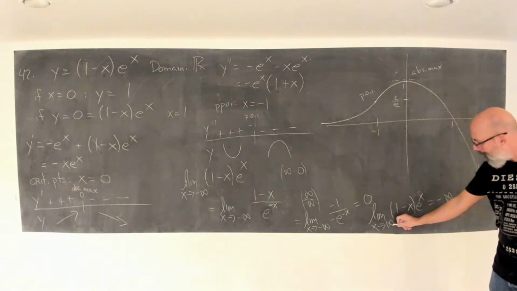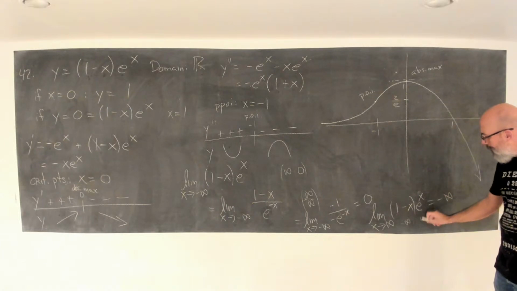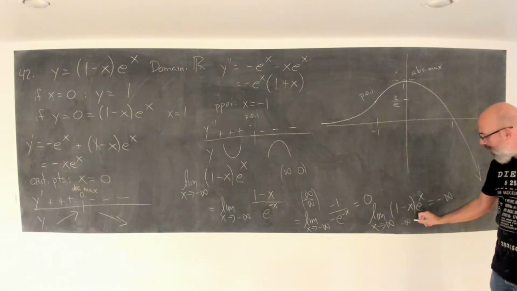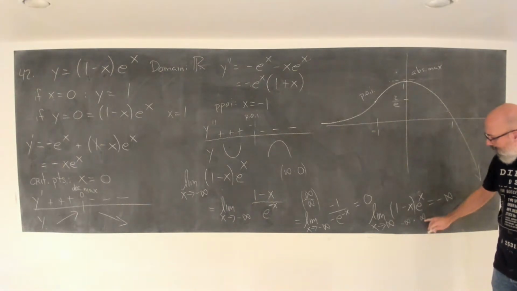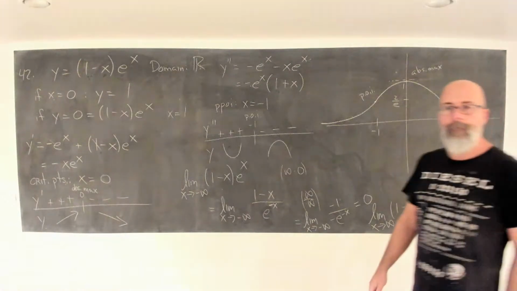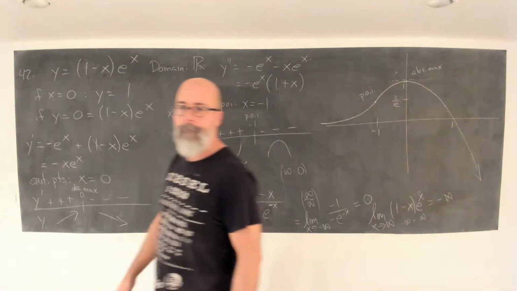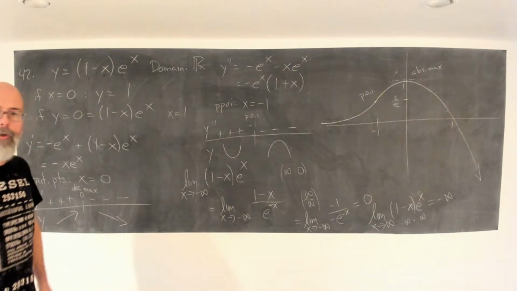This, e to the infinity, is infinity. So this is infinity times -infinity. A large negative number times a large positive will give you a large negative. Yeah, it's all good.